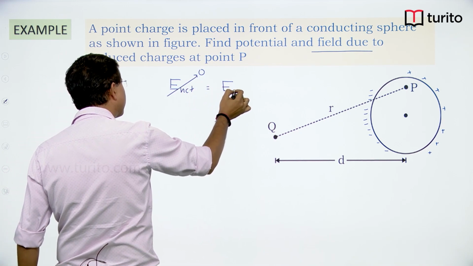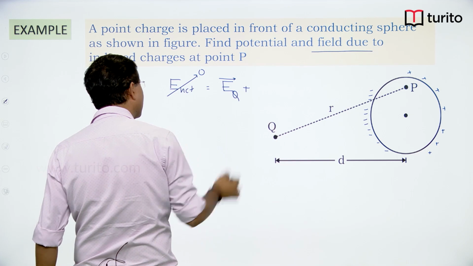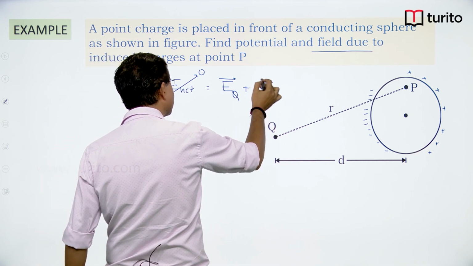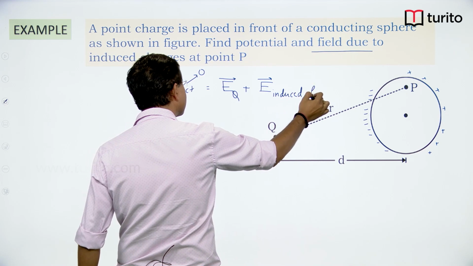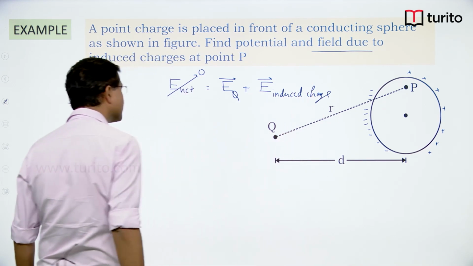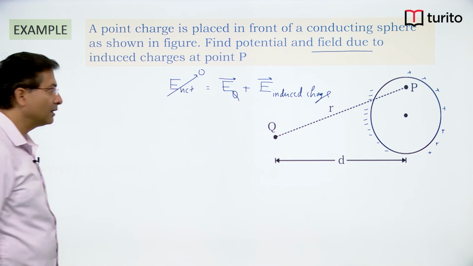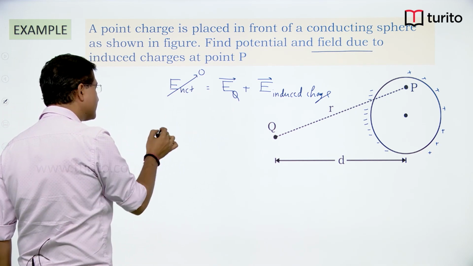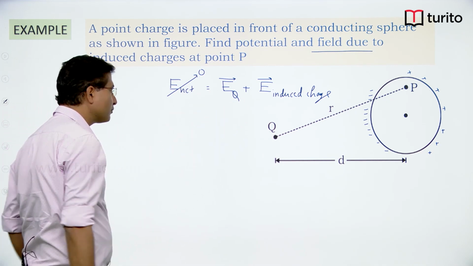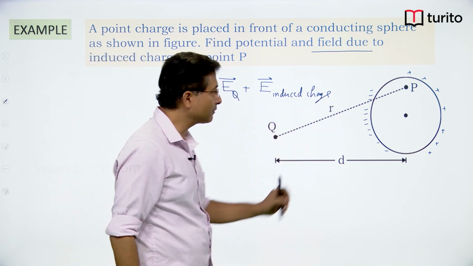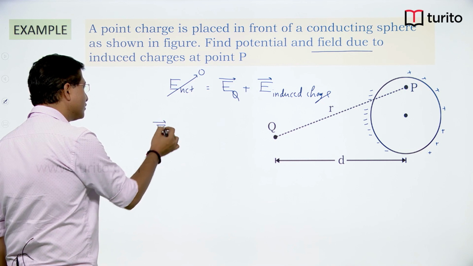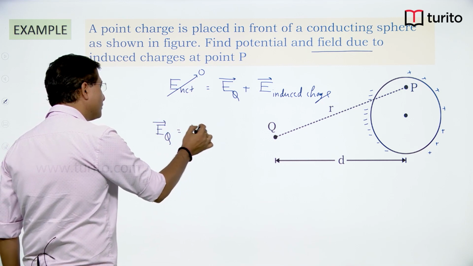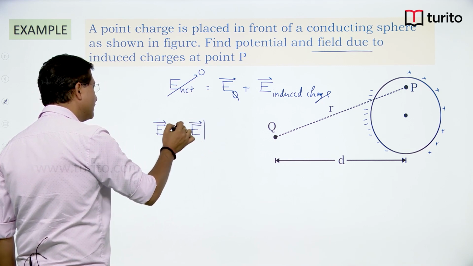The combination of the field produced by capital Q and the field produced by the induced charge has to be 0, that means the direction has to be opposite, right. So, I am just writing the magnitude. I can say the magnitude of the field produced by Q must be equal to the field produced by the induced charge.